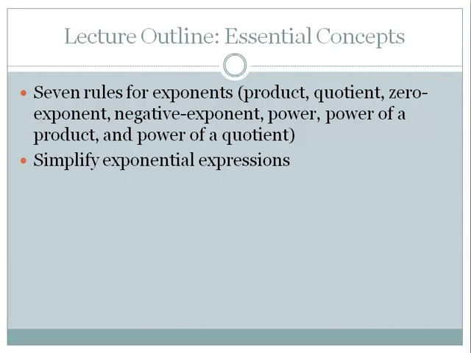These include the product rule, the quotient rule, the zero exponent, the negative exponent, the power to a power, the power of a product, and the power of a quotient. Then once we know those 7 rules, which you'll be actually asked to know from memory, we are going to then simplify expressions that involve exponents.